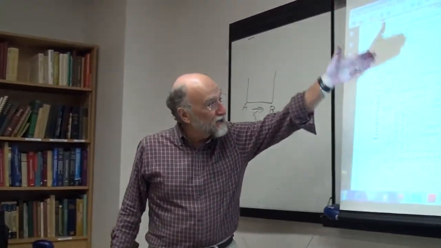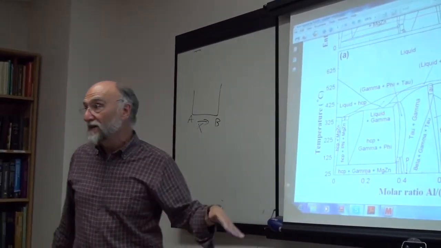Now you would say, well, you only have one composition variable. Going from one end to the other, one composition variable is defining the system. But it's not. One composition variable is defining the overall composition, but it's not telling you the composition of every phase, because the tie lines don't necessarily lie along that line.